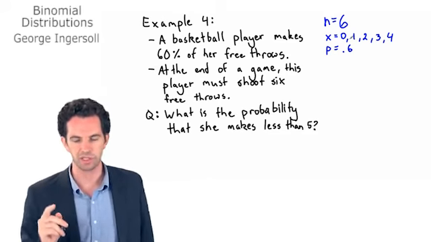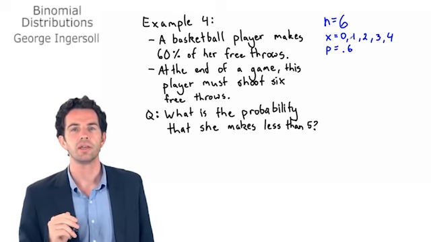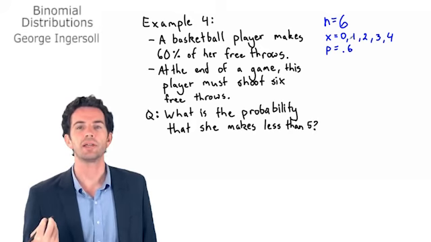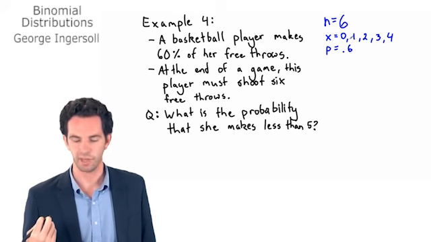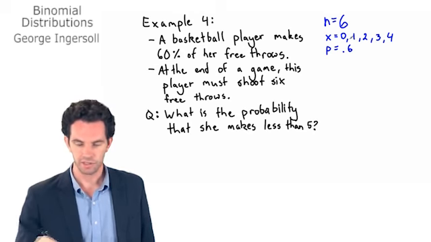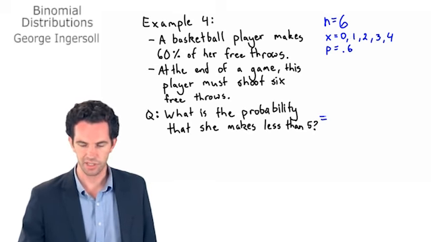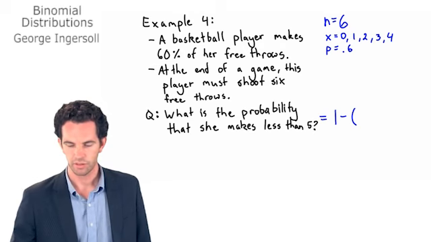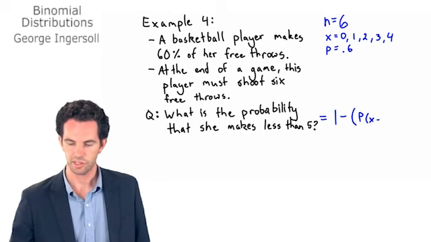asking what the probability that she makes less than 5 is sort of like, it's the complement of saying, what's the probability that she makes 5 or 6? This probability that she makes less than 5 is equal to 1 minus the probability of x equals 5 or 6.